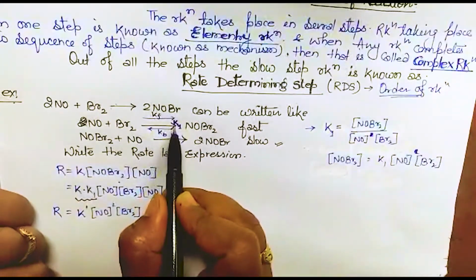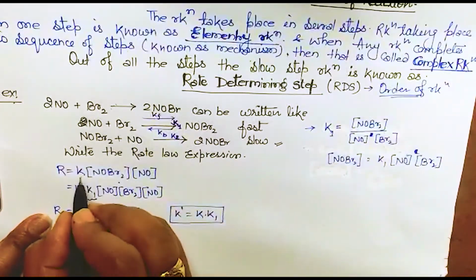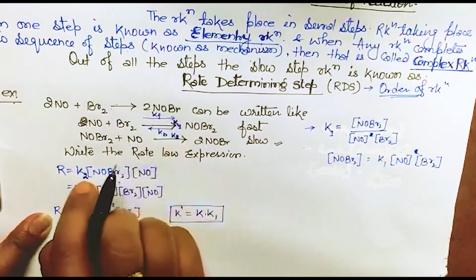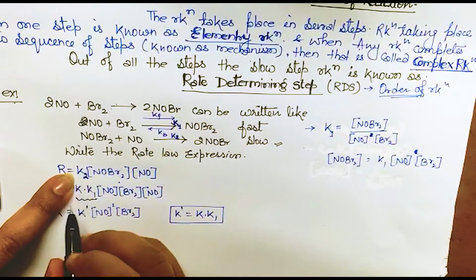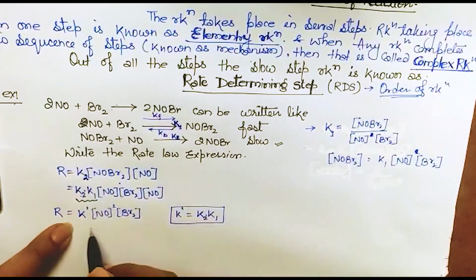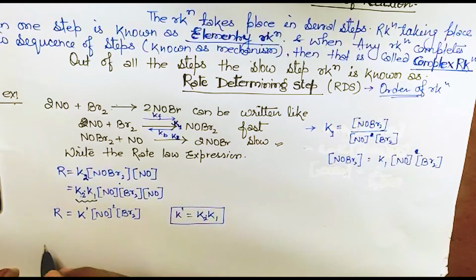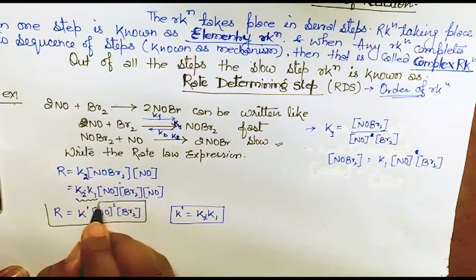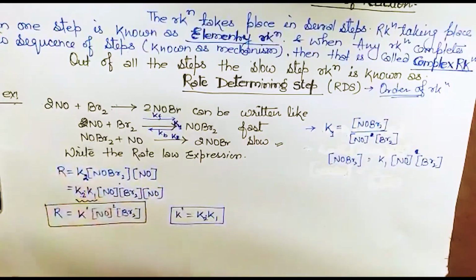So this is k2 because this is the rate constant over here, and now this is k2 into k1, that is k dash. Okay, got it? So this is the rate law expression for this equation. Got it? I hope it is clear.